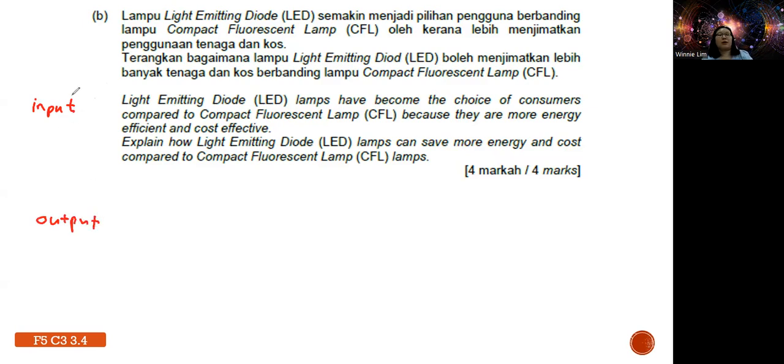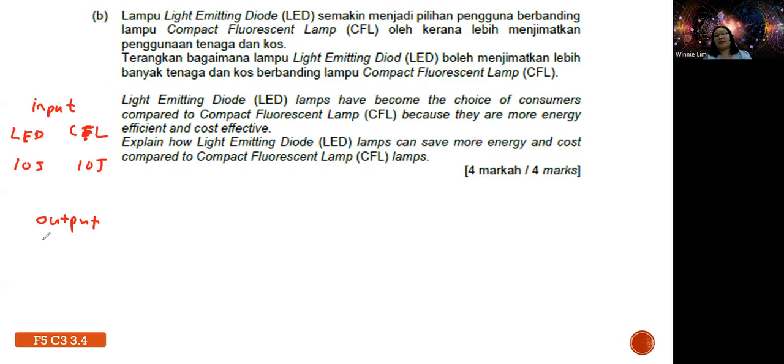Okay, so for both LED and CFL, let's say you give the same amount of electrical energy, for example, 10 joule. The big difference is when it comes to output, most of the input energy is used to become light, which is useful energy.